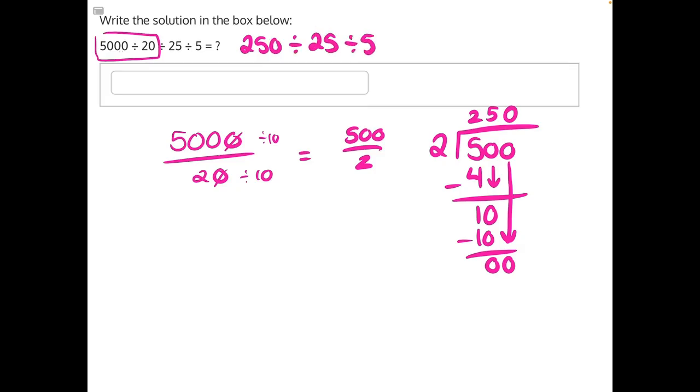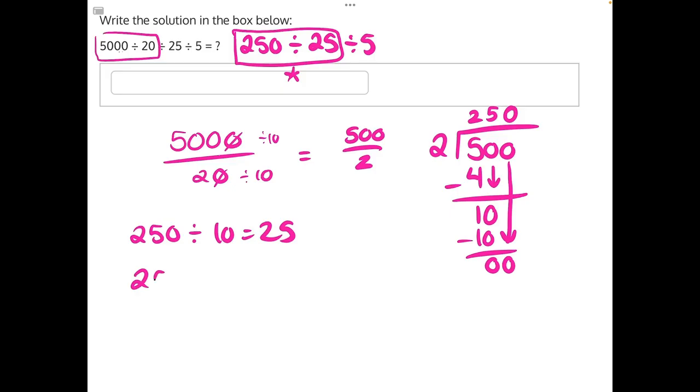Now remember our rules with base 10 for this division problem. If we take a number with a 0 and divide it by 10, we will get that same number but without the 0. So we would get 25. That means this statement here of 250 divided by 25 would equal 10.